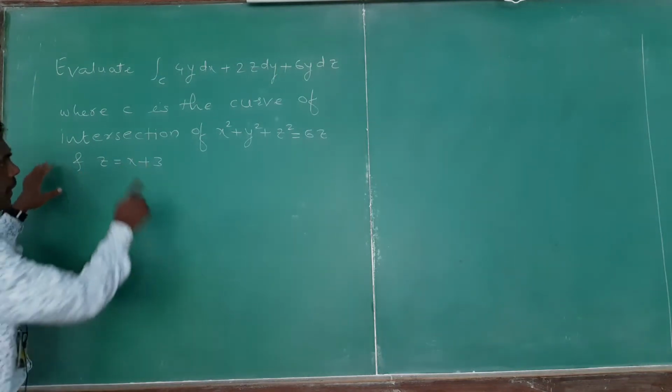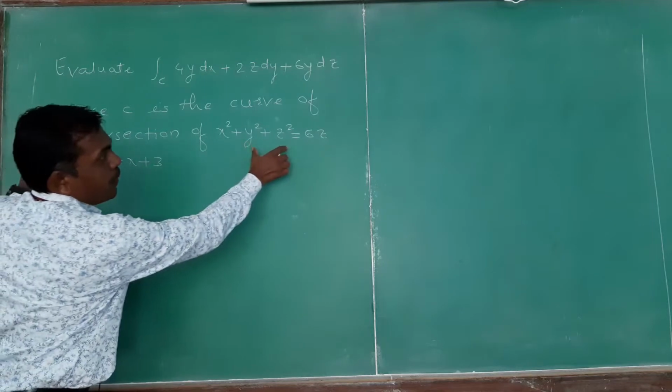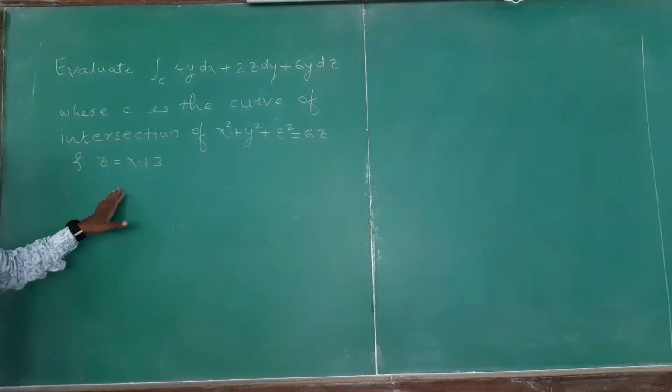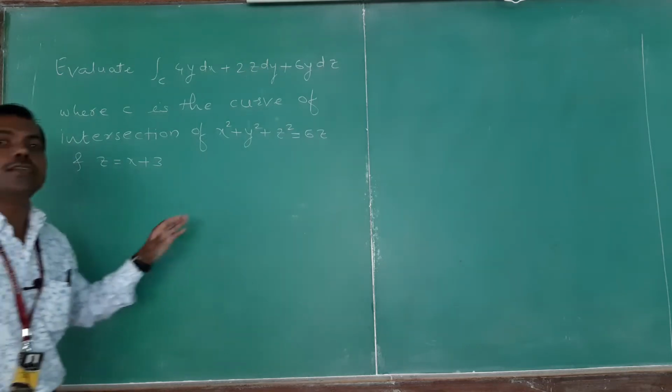So here the given region is the intersection of sphere and plane. An intersection of sphere and plane is a circle.